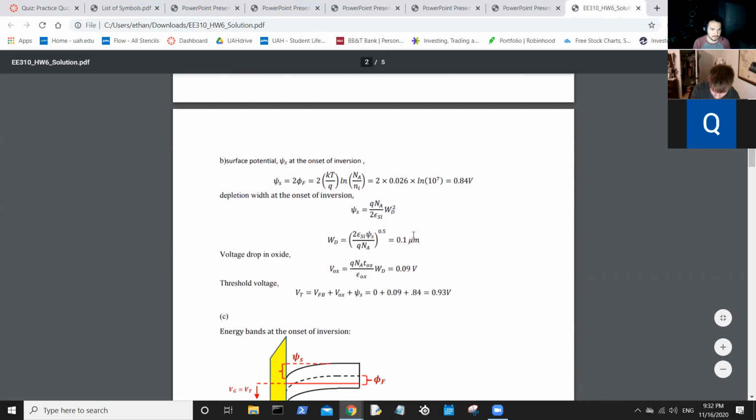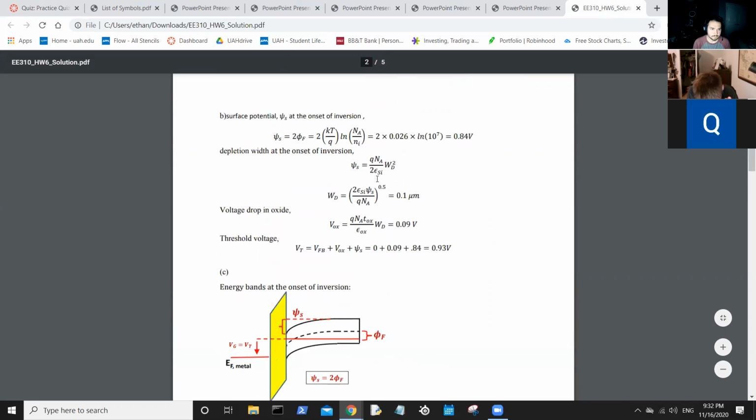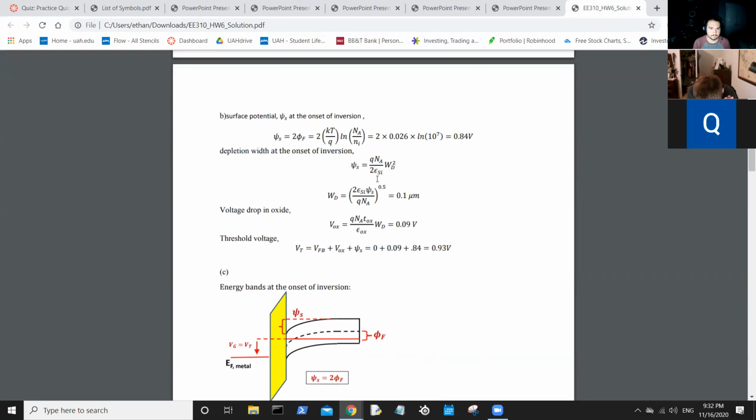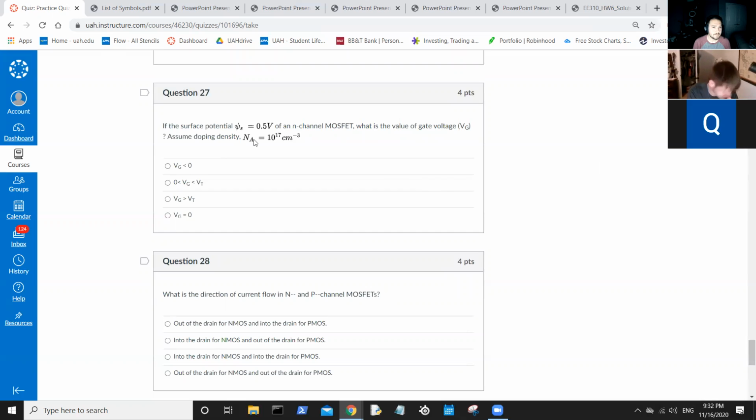Well, this is a surface potential on set of inversion, but that's not exactly what we want. Guess that's what we're gonna get. All right. 0.5 volts. And the doping density is identical to the doping density from the homework.